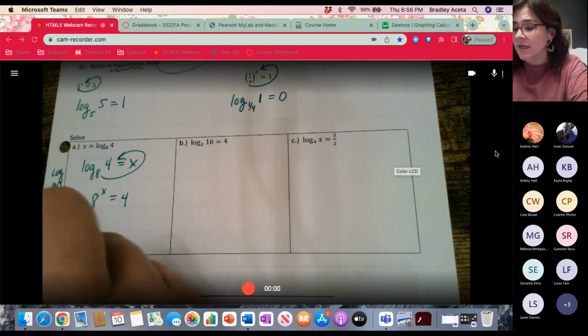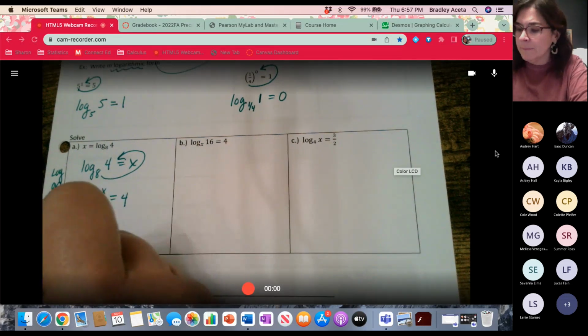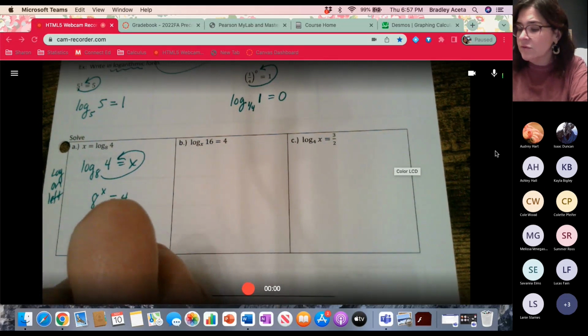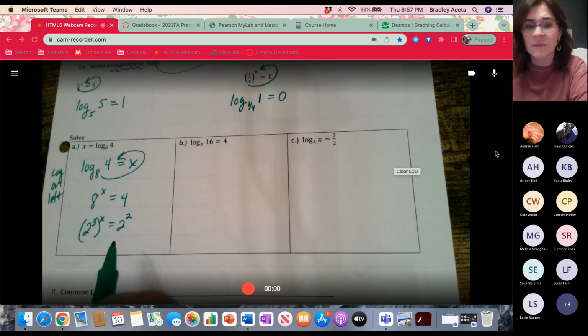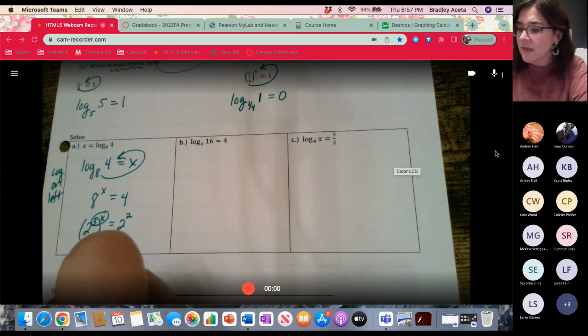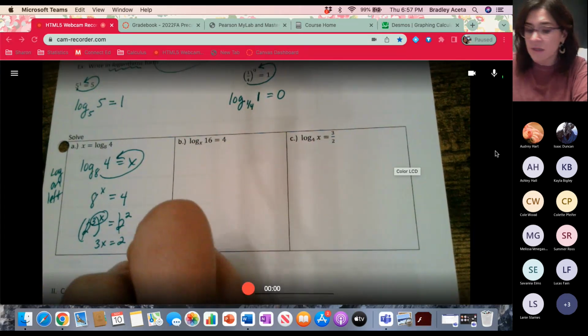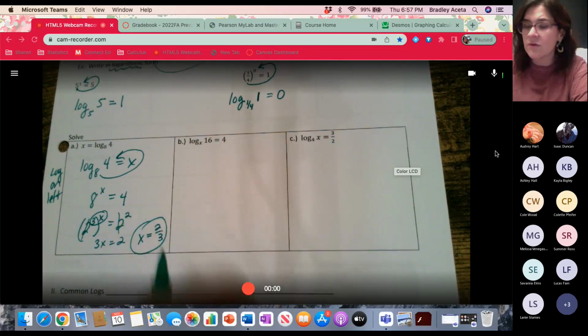But I can get 8 to become 2 to the 3, and since there's an x there, I can go like that. I can get 4 to be 2 squared. So really this is 3x equals 2, because these are the same base. So x must be 2/3.